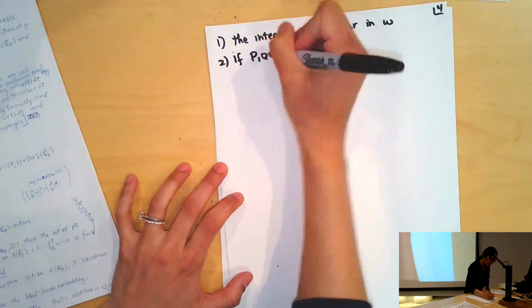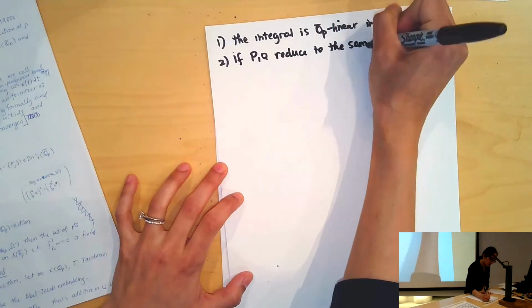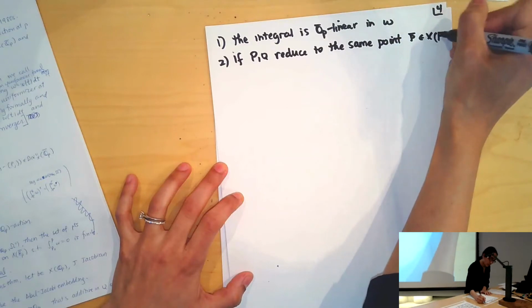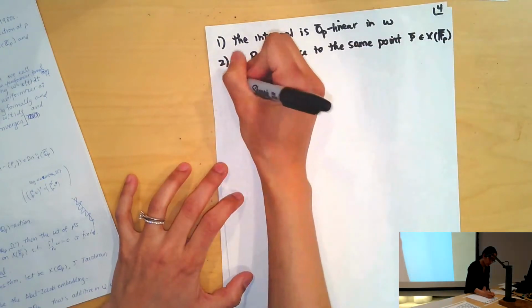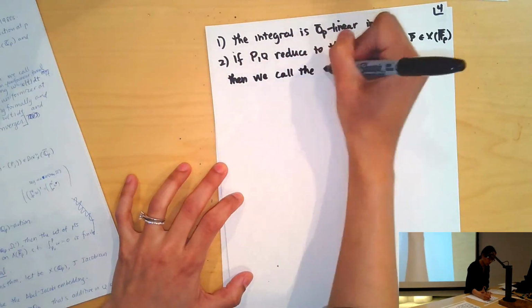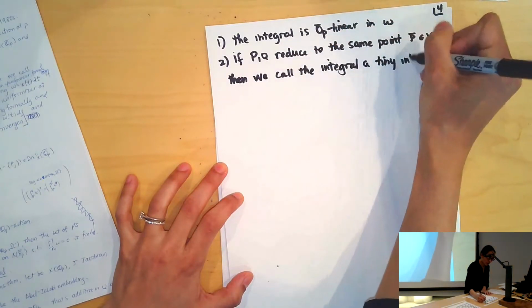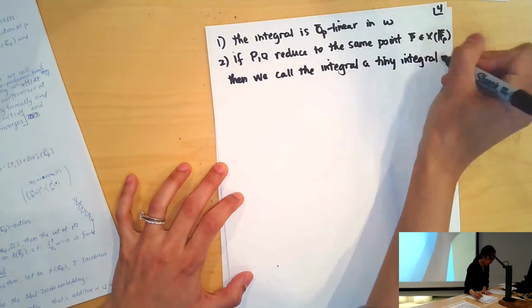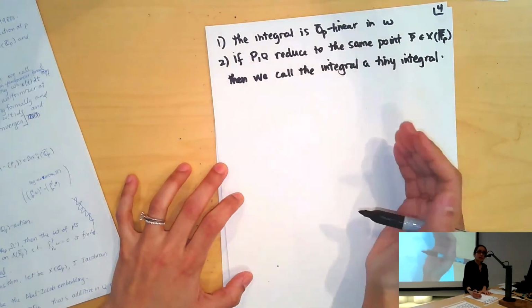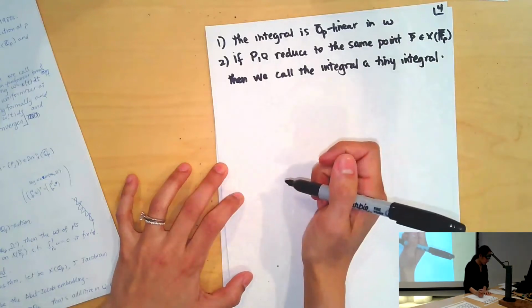So if I have points P and Q that reduce to the same point P bar in X(F_p bar), then we call the integral a tiny integral. We saw a little bit about tiny integrals this morning. We can evaluate it through a local computation, picking a uniformizing parameter, and then rewriting the integral in terms of that uniformizing parameter, and then integrating a formal power series.